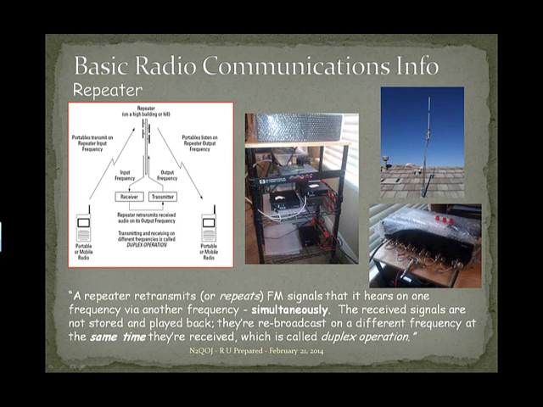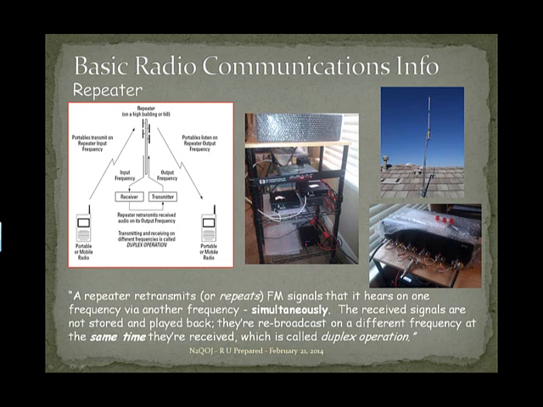That is the device that allows the repeater to use one antenna system simultaneously. It provides the isolation needed to keep the transmitted and received frequencies from interfering with each other while using one antenna.